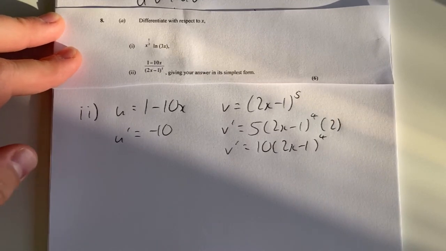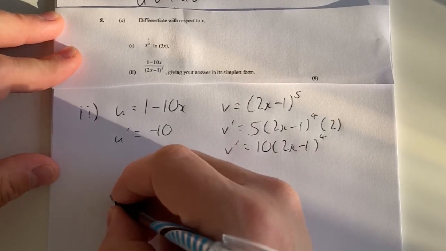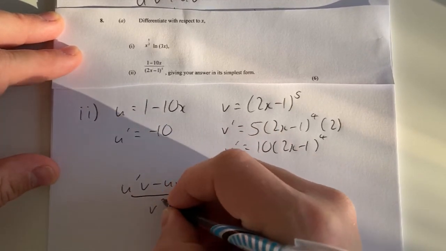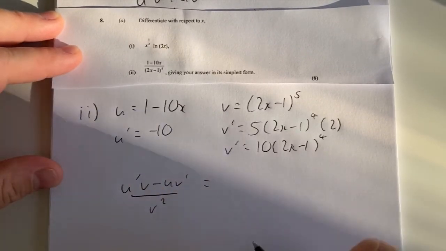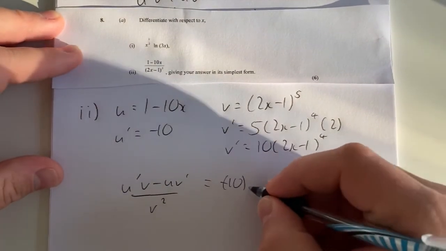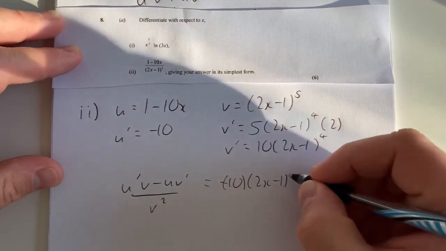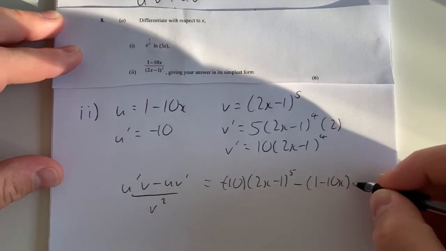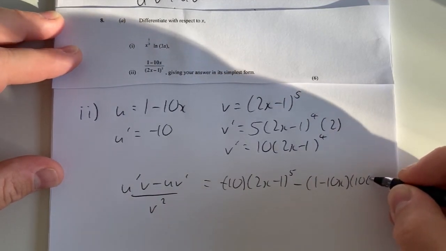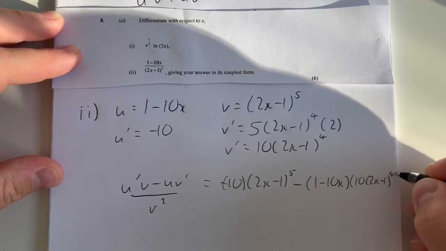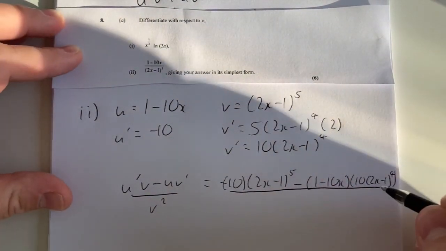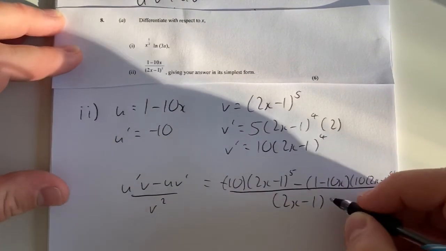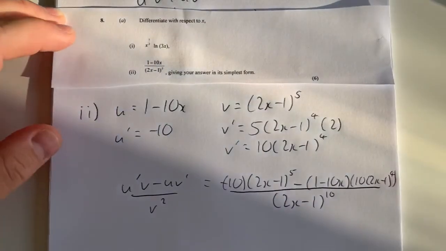So then if we put that into the quotient rule, that would give us, well, if you use u dash v minus uv dash over v squared, that would give us minus 10 multiplied by 2x minus 1 to the 5, take 1 minus 10x multiplied by 10 lots of 2x minus 1 to the 4, all over v squared, which would be 2x minus 1 to the 10.